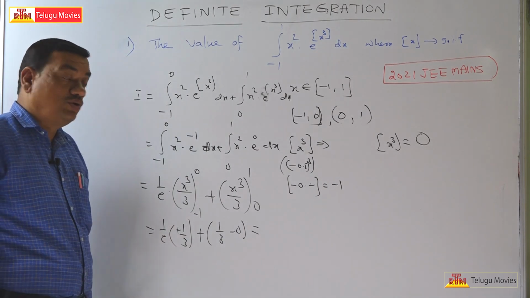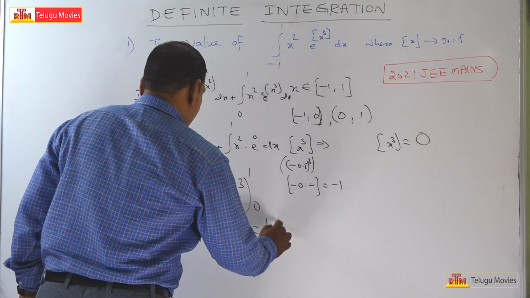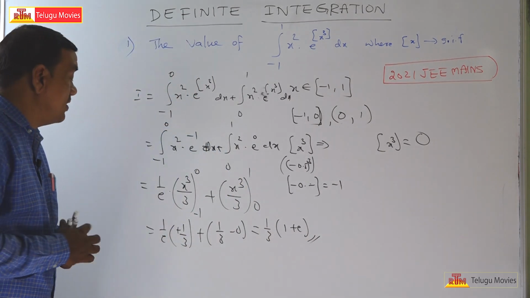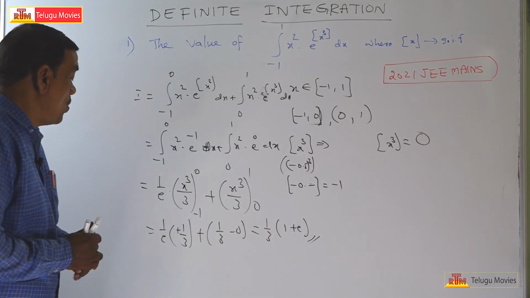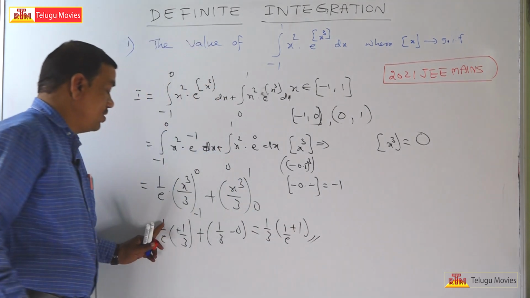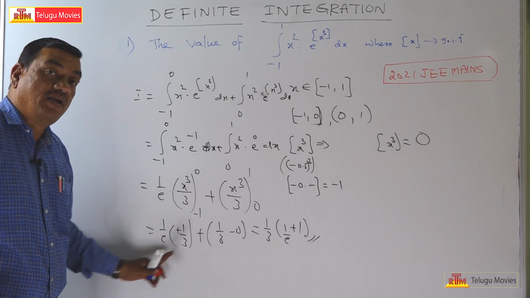So this is equal to, if you take 1 by 3 common, 1 by e plus 1. Therefore your final answer is 1 by 3 times 1 by e plus 1.